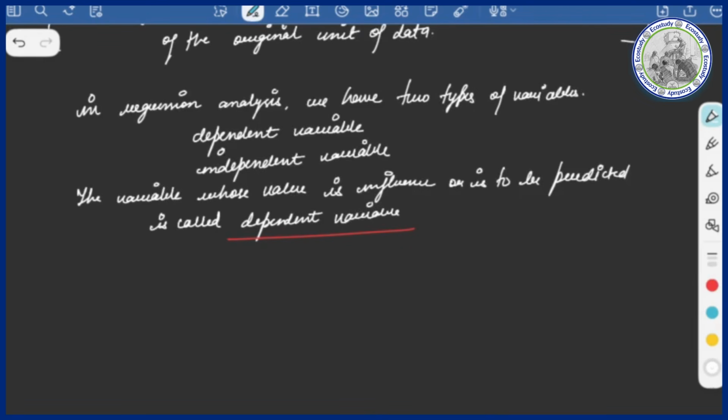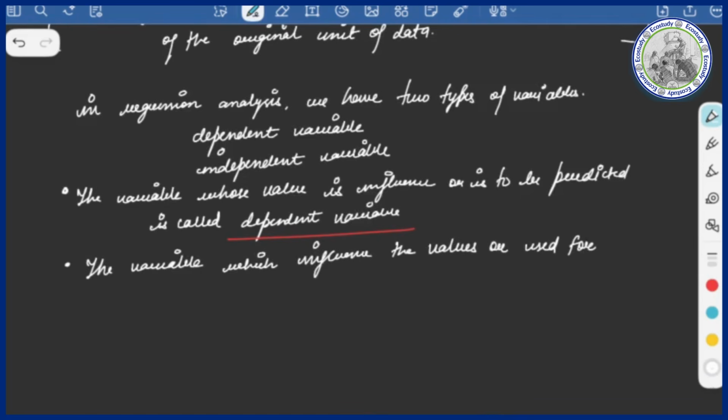Or the variable which influences the values or is used for prediction is called the independent variable.